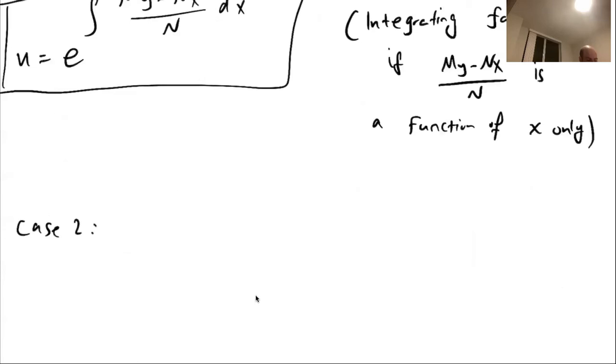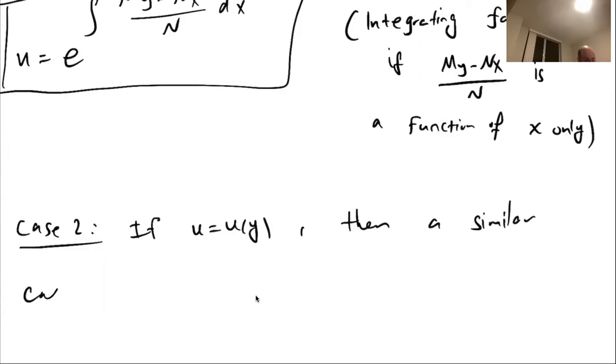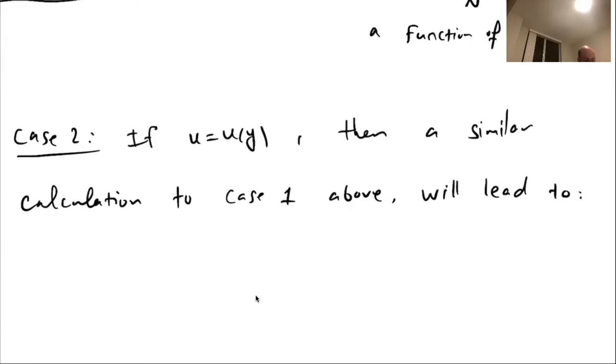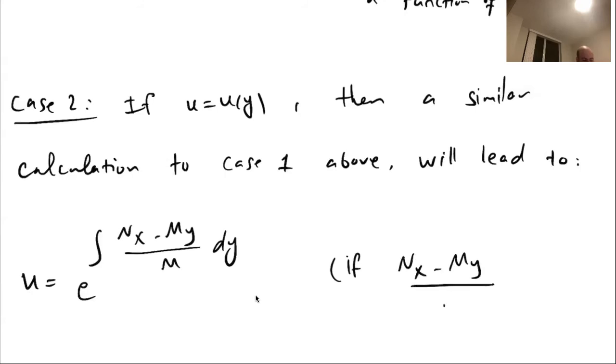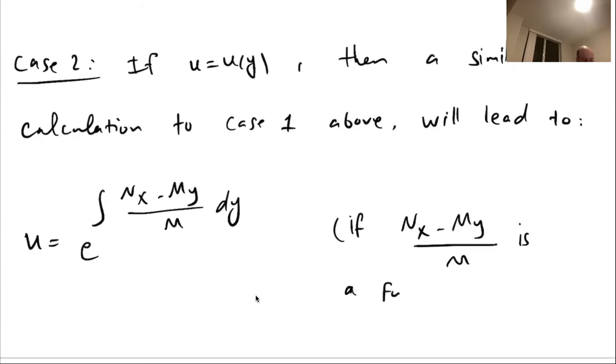So case 2, the second possibility: if u equals u of y, then a similar calculation to case 1 above will lead to u equals e to the power of the integral of (N_x minus M_y) divided by M dy, if (N_x minus M_y) divided by M is a function of y only.